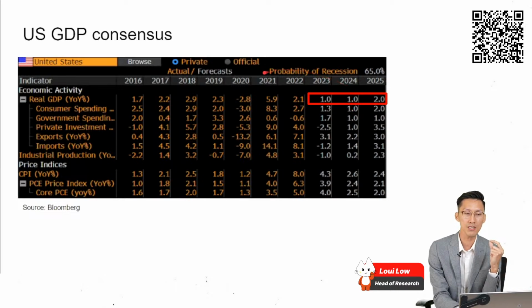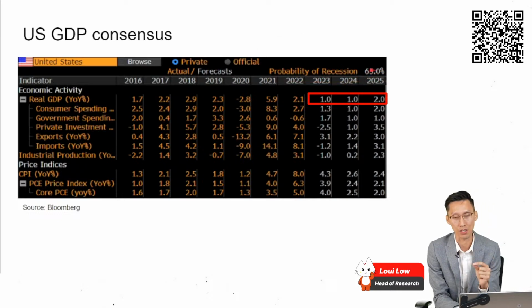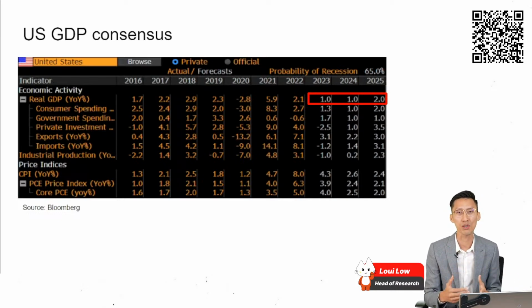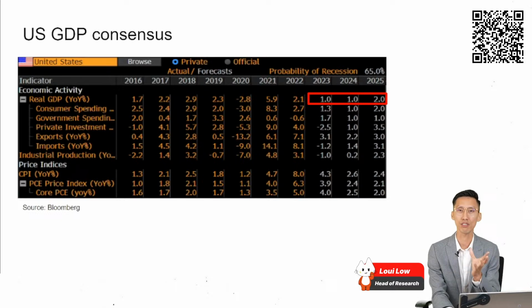And if you notice this Bloomberg screenshot here, we have also this probability of recession. So during good times, we wouldn't see a recessionary probability going up over 50%. But suddenly, after the recent banking crisis, this probability of recession has gone up towards 65%.